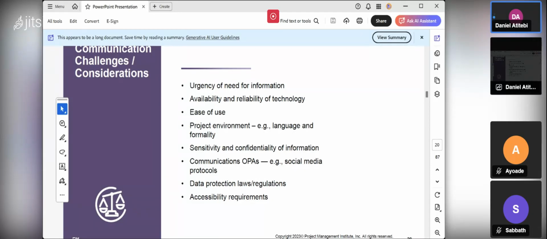Before I start my project, I know my team members will not be in the same geographical area. I need to communicate information to them, and I need to select the kind of communication technology. So, what will I take into consideration when I'm selecting that? Because if I don't consider all these things, I may have challenges in communicating information about the project to them.